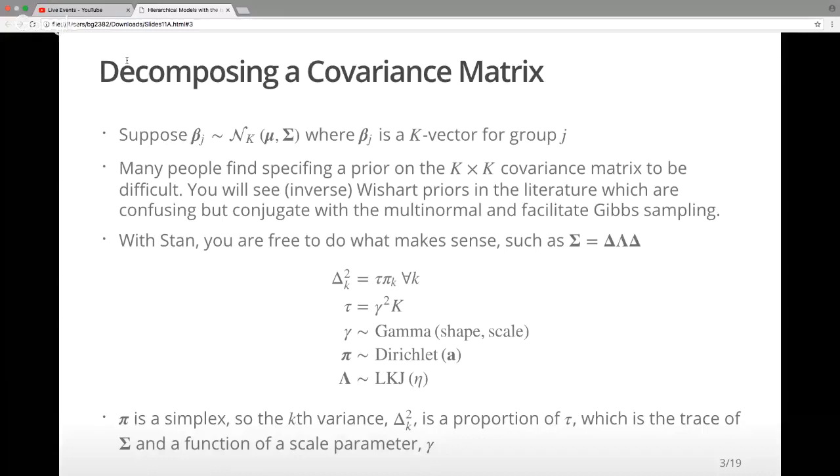And so you might want to be more vague about tau, gamma, which goes into tau and governs the overall variance, but more specific about the relative variances, the proportions of variances that go into pi. Other questions along those lines?